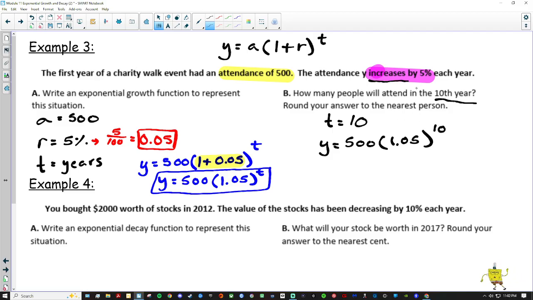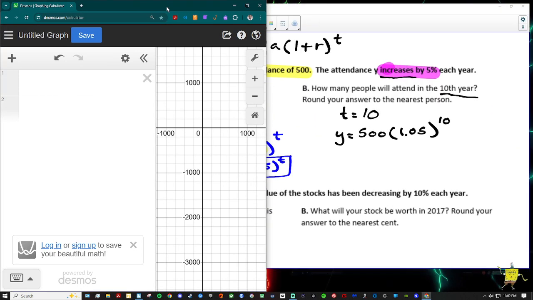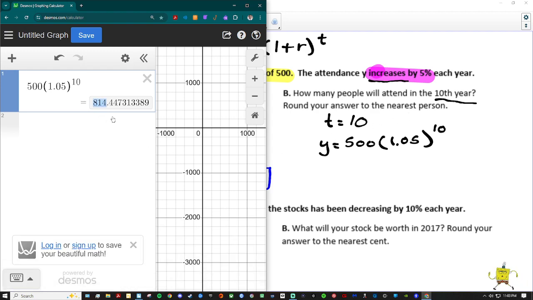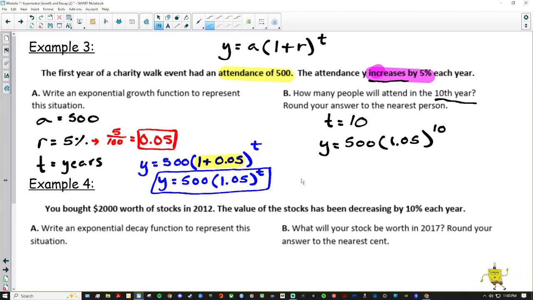And this is going to give me my attendance. So I'm going to pull up Desmos, and I'm going to type this in. 500 times 1.05 to the power of 10. It says to round to the nearest person, so 814 people.